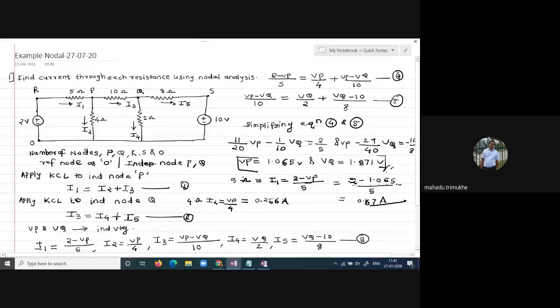Similarly, the current flowing through the 10 ohm resistance is what? That is I3, Vp minus Vq divided by 10.